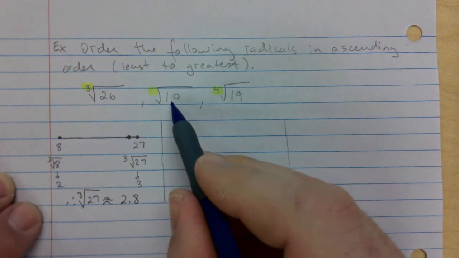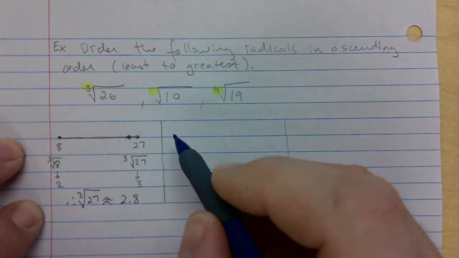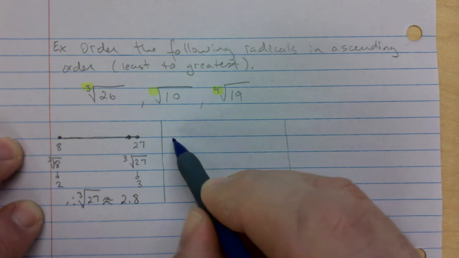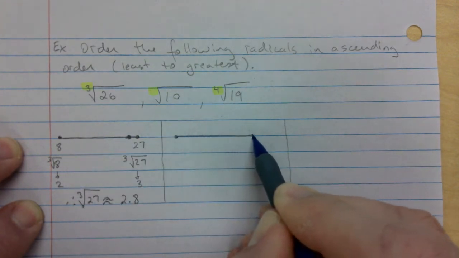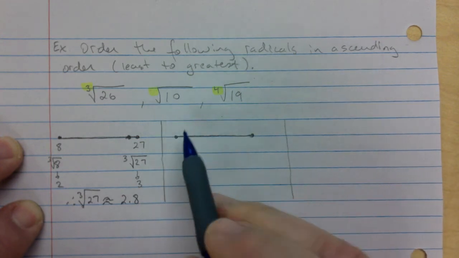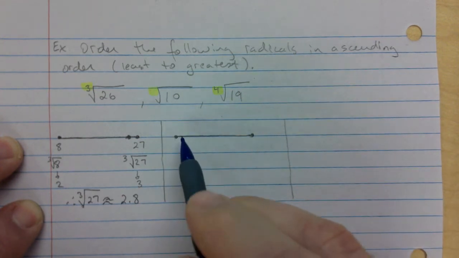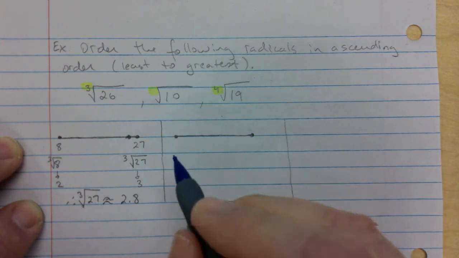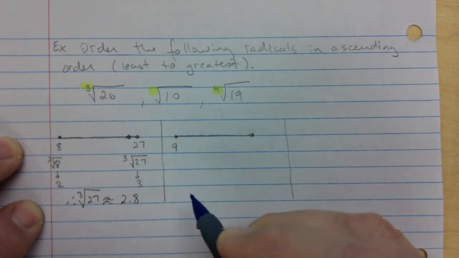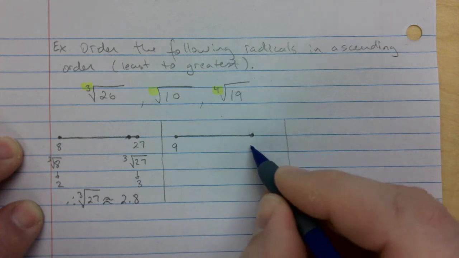Then you look at the square root, right? We do our number line too, because you're going to find the two perfect squares in this case that are close to 10, right? So here you're thinking 3 squared is 9, 4 squared is 16.